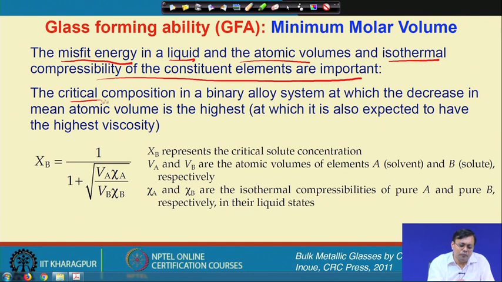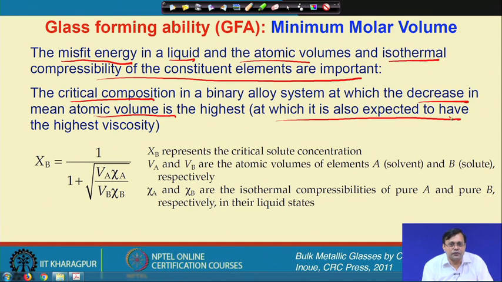For a critical composition in a binary metallic glass, the decrease in the atomic volume is the highest, and at that composition the highest viscosity is also expected. So these relations are very similar and correlated to the ones we discussed in the last class with the atomic mismatch.